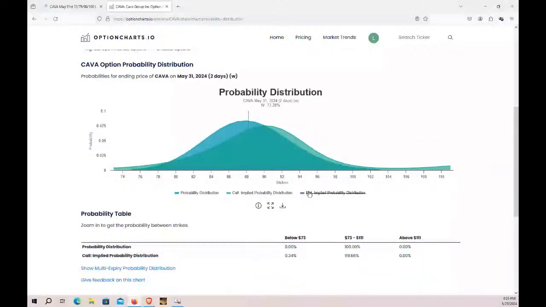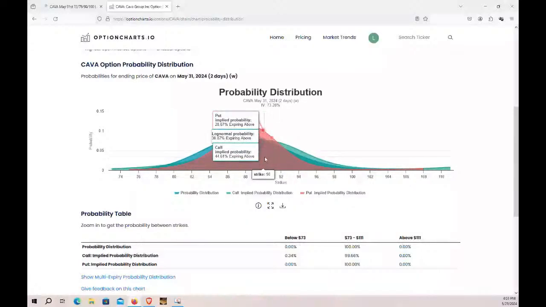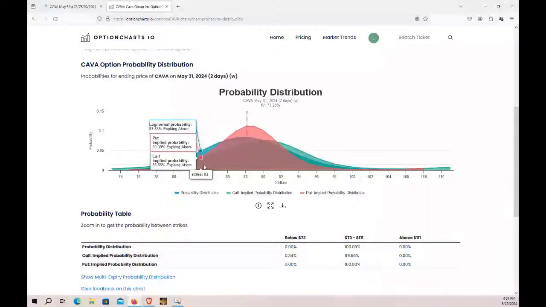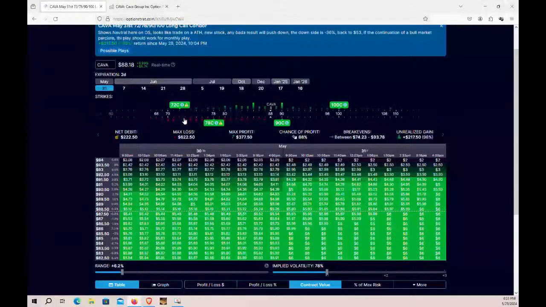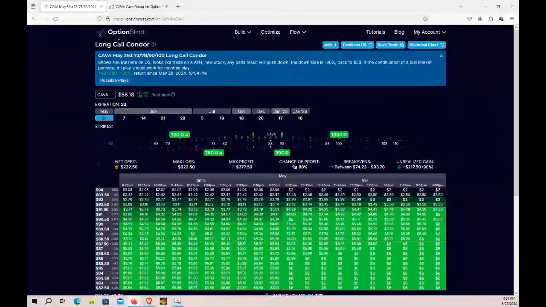If you take this out, I can see where the price goes above this one, and if it goes above this one, I take the chance to analyze these numbers and place these bets over here for the long call condor.